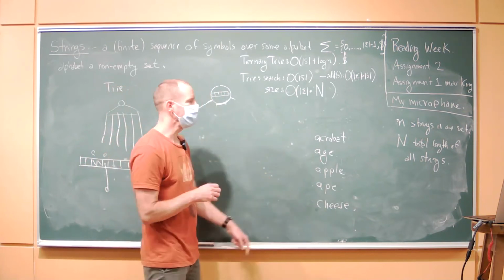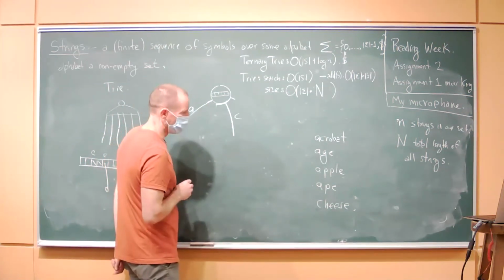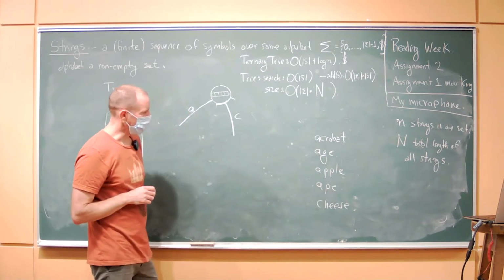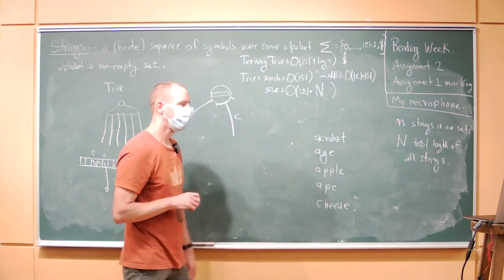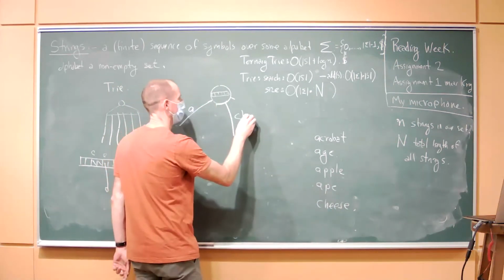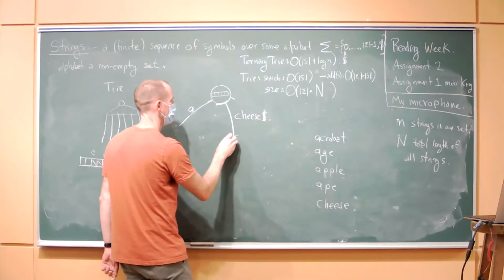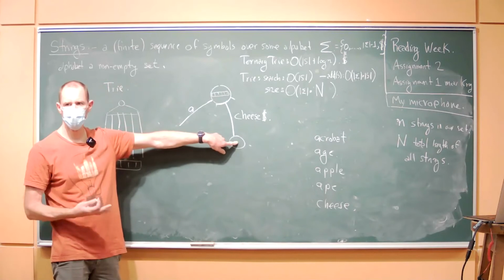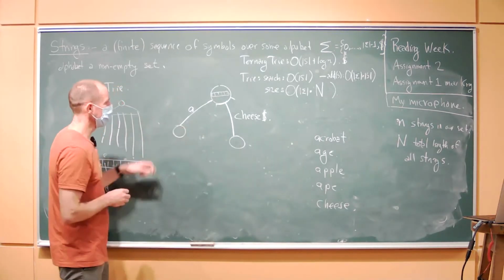It starts with a C. We only have one string that starts with a C, or another way to think of it is every string that starts with a C is the same. So we might as well put the whole string on the label. So we get one edge whose label is cheese, the other whose label is A.